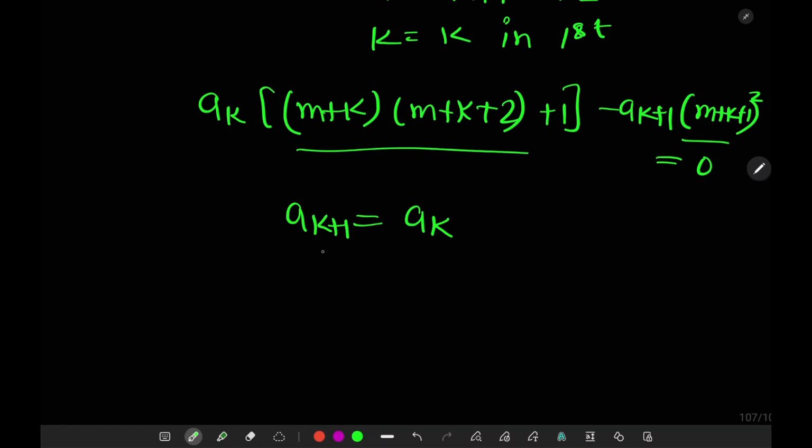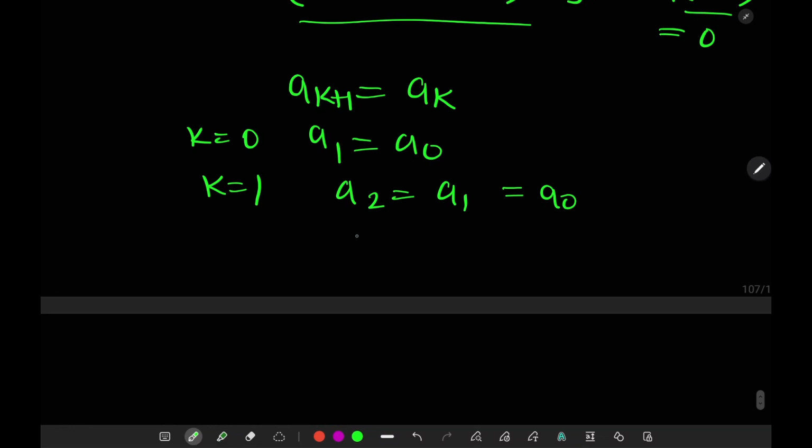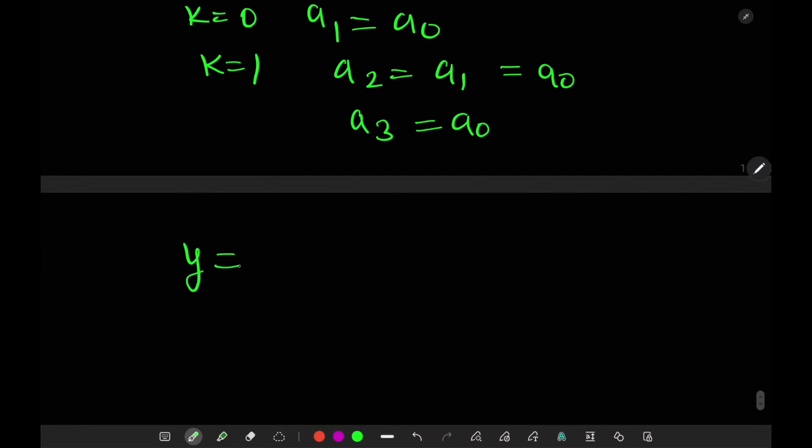If you find the value for k equal to 0, a1 is equal to a naught, and for k equal to 1, a2 is equal to a1 and a naught. So we can say a3 is also a naught. So we can write here y is equal to a naught plus a1x plus a2x square up to so on.